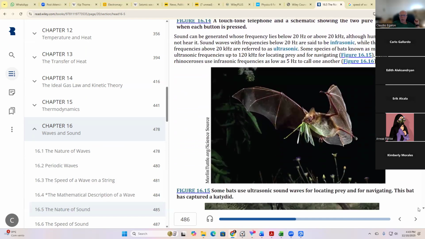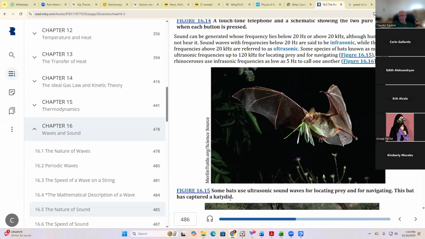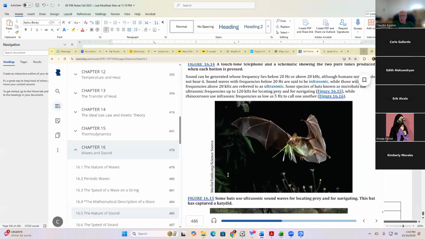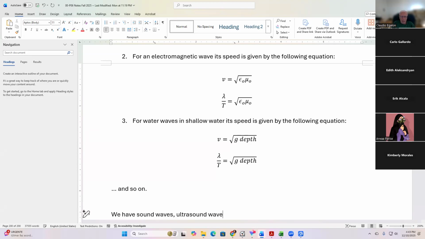There are other types of waves. In addition to sound waves, we have infrasound and ultrasound waves. So let's talk about that too. That's important. We have sound waves, ultrasound waves, and infrasound waves.